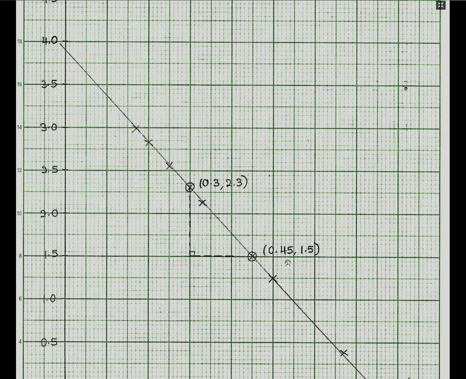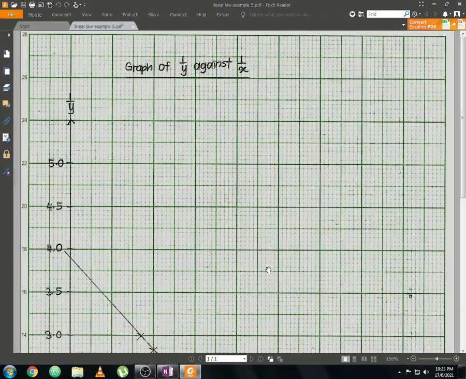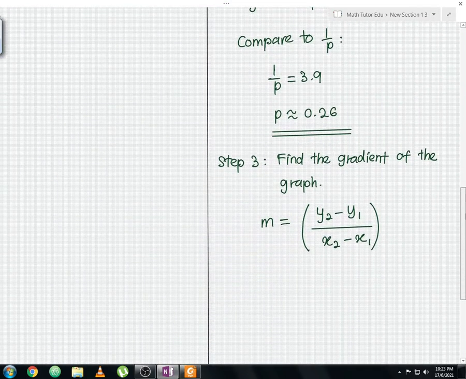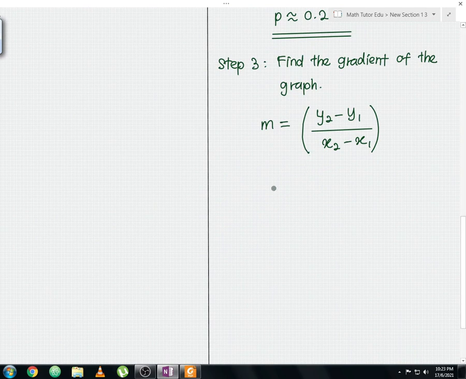Let me close the graph paper and continue our working. So from here, m will be equal to 2.3 minus 1.5, divided by 0.3 minus 0.45, close bracket.